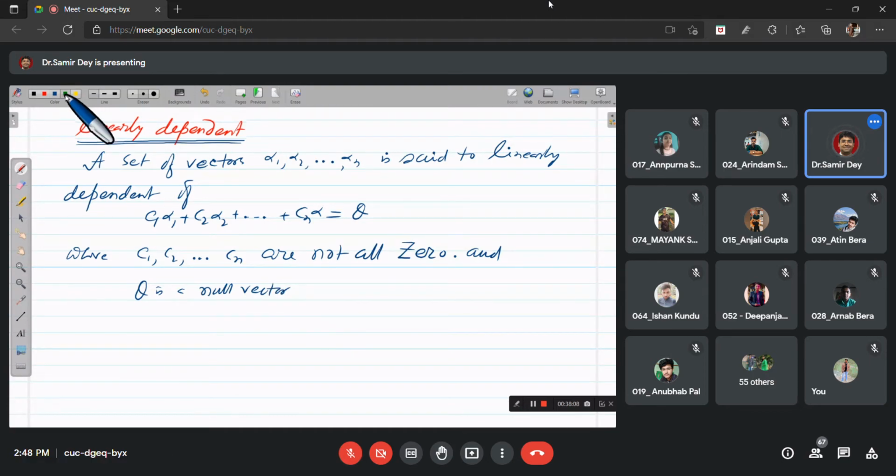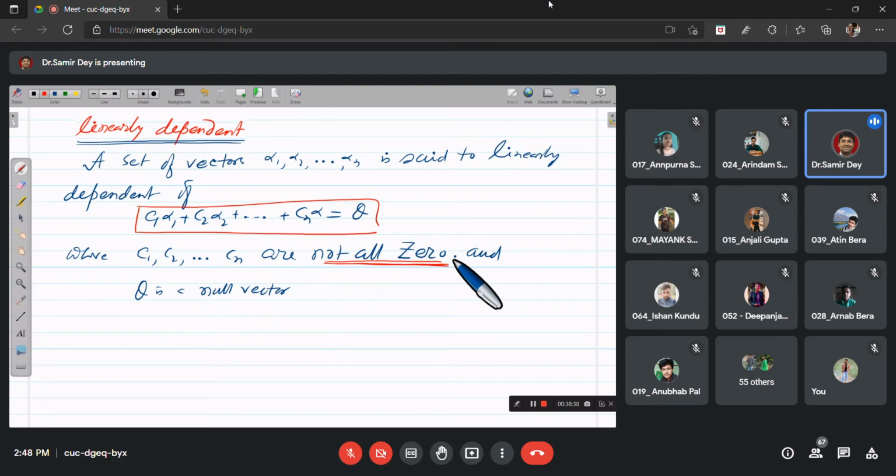I repeat, a set of vectors alpha 1, alpha 2 is said to be linearly dependent if this condition, this relation, is satisfied, and when you simplify, your C1, C2, Cn are not all 0. It means one or maybe two of C1, C2, Cn may be non-zero.